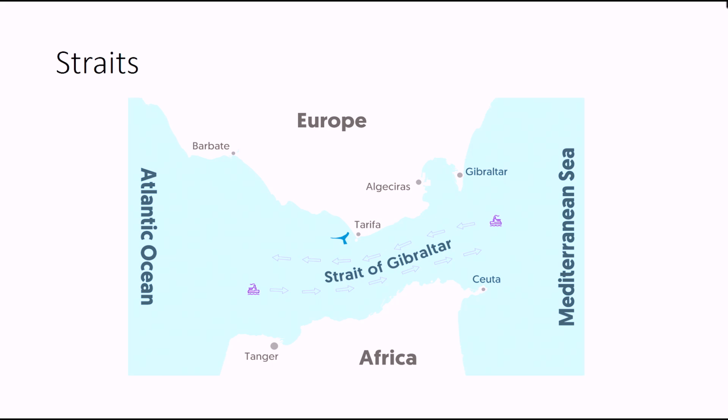Apart from bays, friends, we have straits which should be taken into account as far as legal status and regulation are concerned. What is a strait? As you can see in the picture, we have taken the example of the Strait of Gibraltar, which is between Africa and Europe. Here, the strait is an area which falls between two states, between two continents.